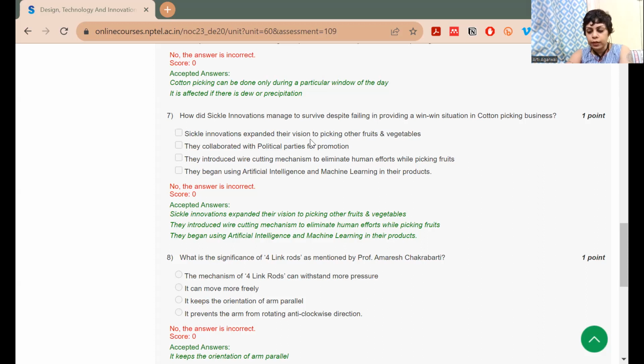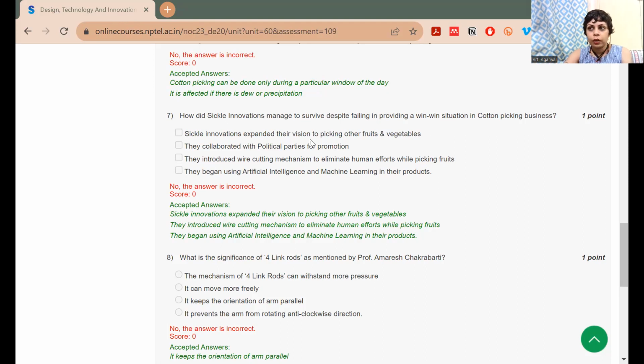So firstly, I just wanted to address this part where they failed in the cotton picking business. The reason why they failed was not because there was something wrong with the device. The device worked perfectly in the end after a few iterations, but they did not have a clear understanding of the whole ecosystem into which they were launching their product.